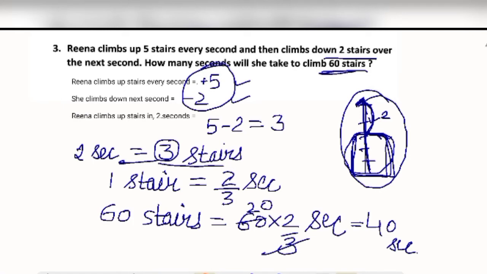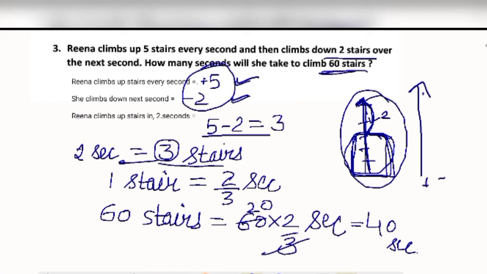It was a very simple question. What you have done: in the first second Reena was climbing up 5 stairs, so this was positive. In the next second she was climbing down 2 stairs, that means it will be negative. So total stairs covered in 2 seconds, we will add them, this will be 3.